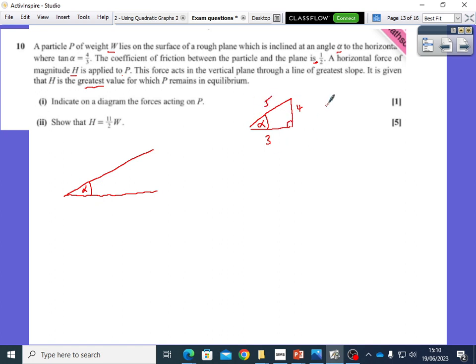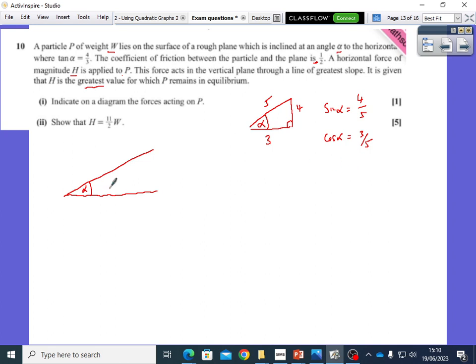So sine alpha equals 4 over 5, opposite over hypotenuse, and cos alpha equals adjacent over hypotenuse, 3 over 5.